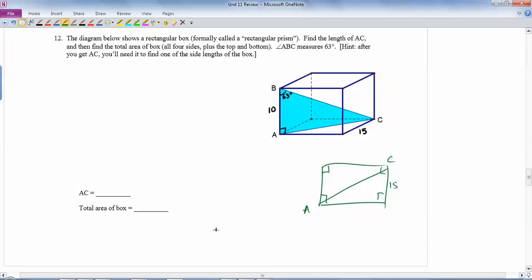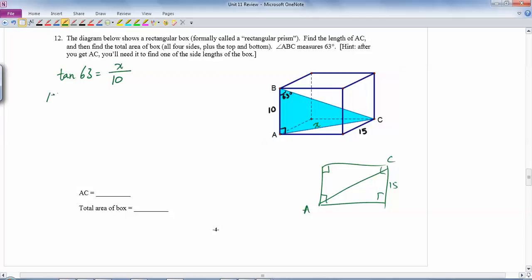So let's see. Find the length of AC. Notice we got this blue triangle ABC built into the shape, and there's a 63 degree angle up at the top. Let me call AC x. If we use opposite and adjacent, which is tangent, we can say tan of 63 is opposite over adjacent, x over 10.